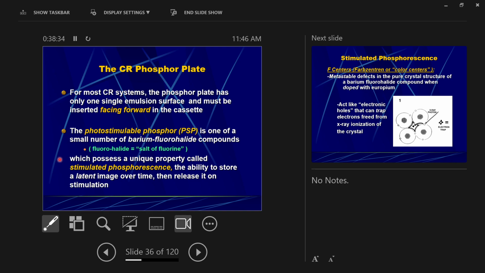That means that the X-ray energy has to stick around. It can't just disappear, right? So it happens that this material, barium fluorohalide, has the property that when you expose it to X-rays, it can capture that energy and then re-release that energy when stimulated, okay, by a laser in this case. This is called stimulated phosphorescence. The ability to store the latent image over time and then release it when asked to.